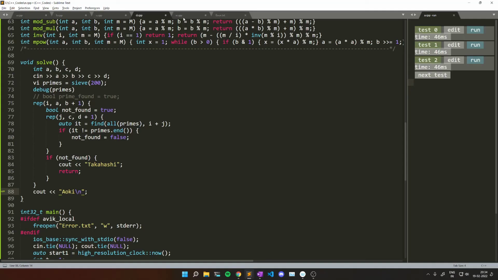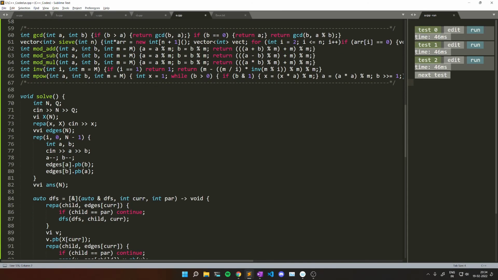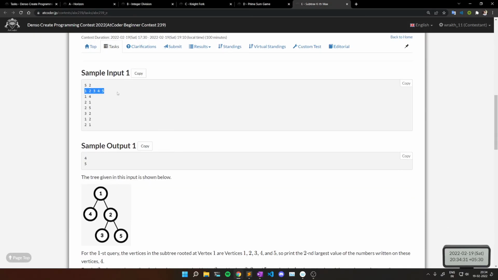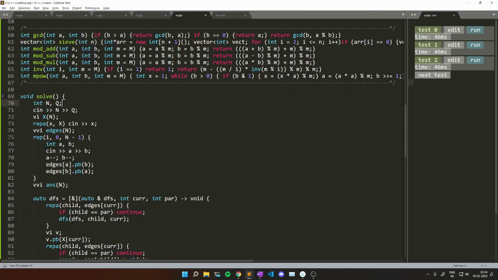I can show you the code here. So initially I take the input: the number of nodes and vertices, and how many queries there will be. Then the values, like for the ith vertex, what value is written on it, I have taken that in array x.